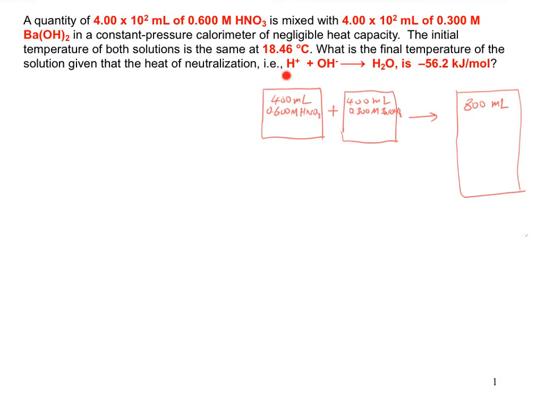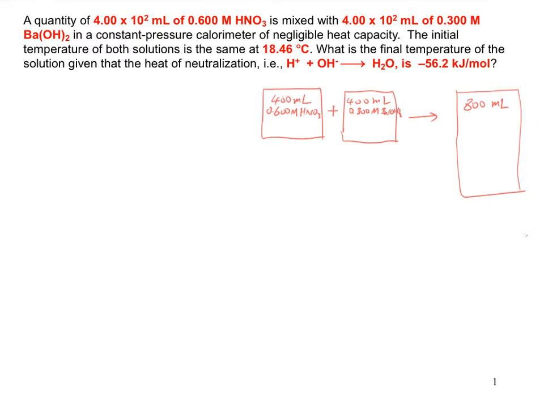Don't get confused with the water as the product. The neutralization of acid and base only produces a very tiny part of the water compared to 800 milliliter. So therefore, we consider the solution as 800 milliliter of water.